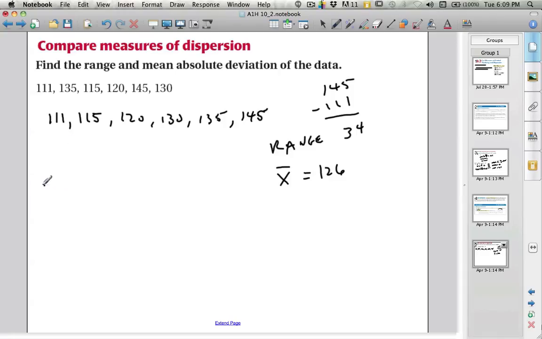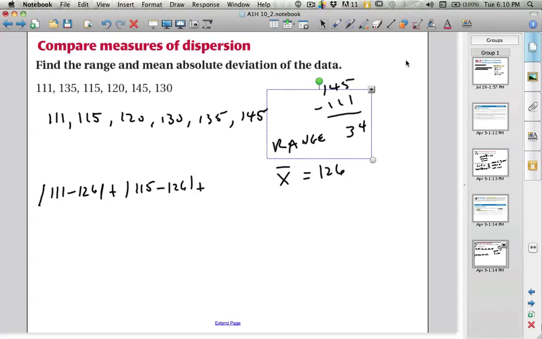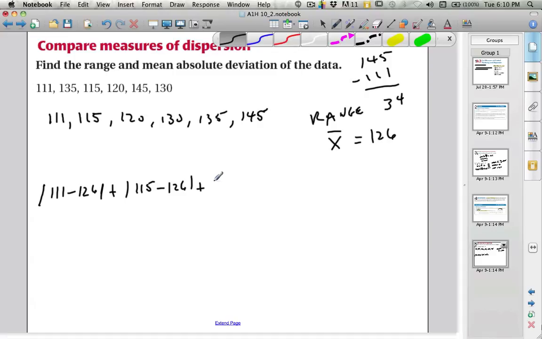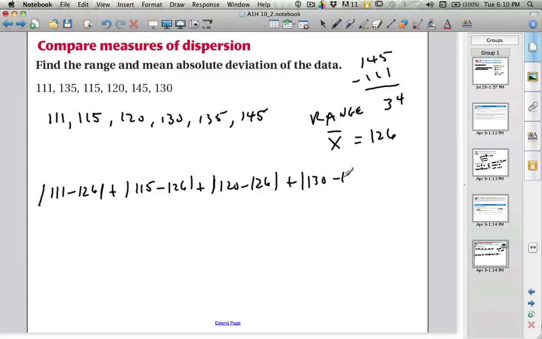What I'm going to do is find the absolute value of 111 minus 126 plus the absolute value of 115 minus 126 plus the absolute value of 120 minus 126 plus the absolute value of 130 minus 126 plus the absolute value of 135 minus 126 plus the absolute value of 145 minus 126.